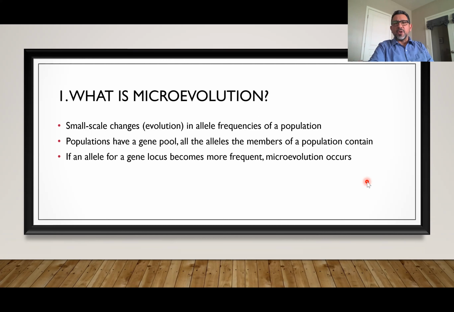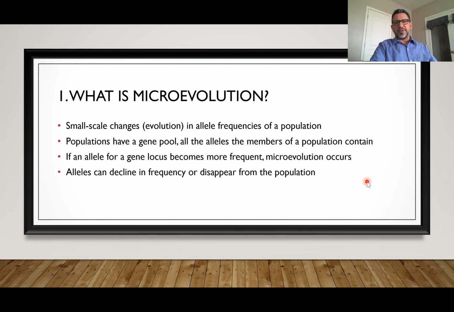This week, you're looking at coat coloration in rock pocket mice. Think about one of those traits that are important for survival, and you want to see how the frequencies of the alleles responsible for those traits may be changing or not, then you can do a study to see if microevolution is taking place.